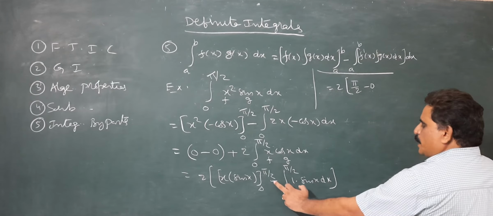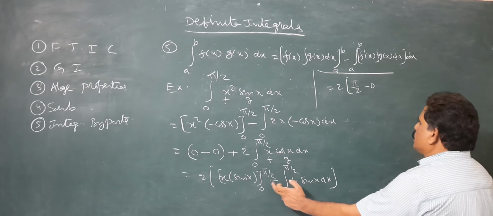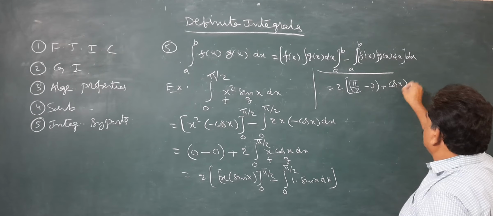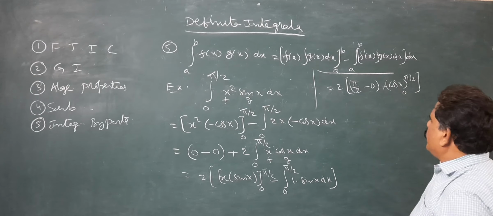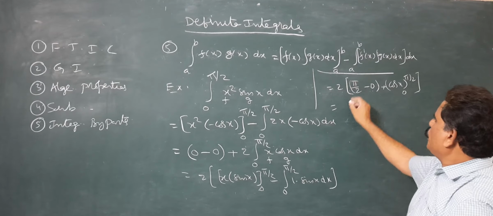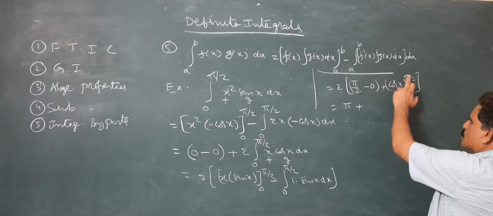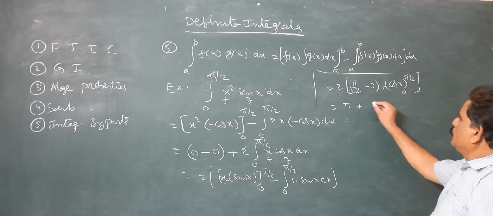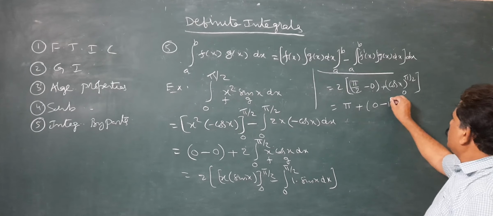Here minus sin x integration is minus cos x, already minus is there, so plus cos x over the limits 0 to pi by 2. So that equals 2 into pi by 2, which is pi, plus cos pi by 2 which is 0, minus 1.